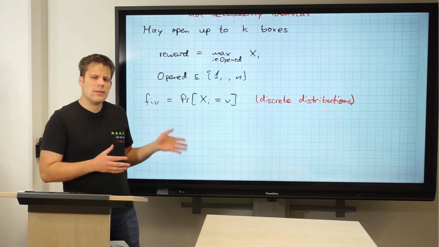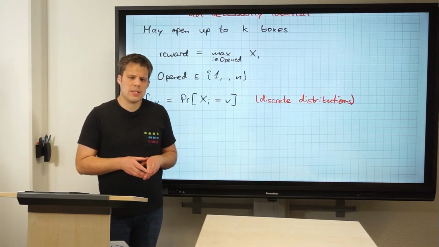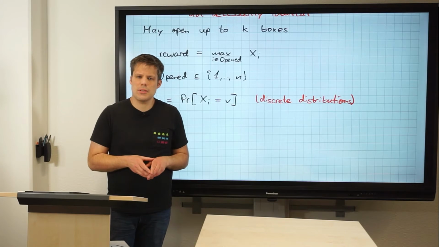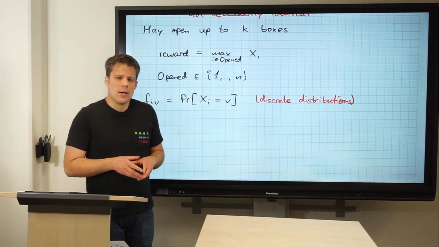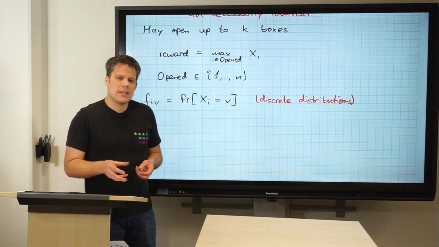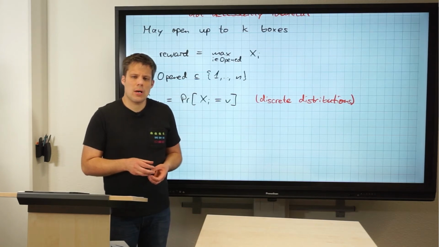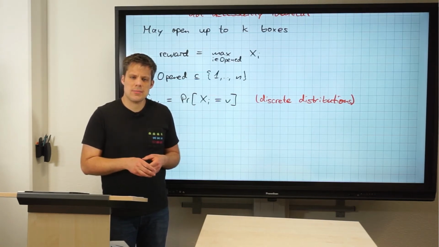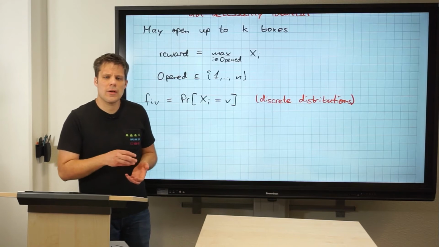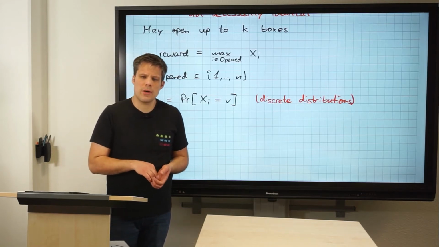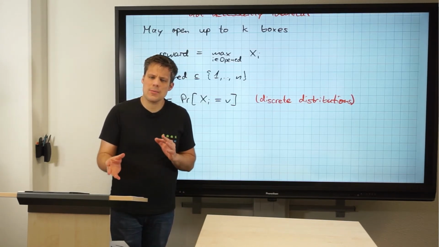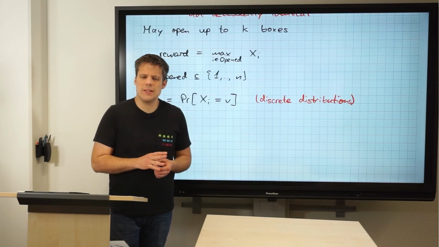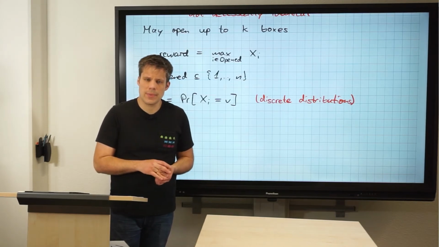Good. So modeling this as a Markov decision process is actually pretty easy. It's pretty straightforward. Once again, you would have an exponential number of states because you would have to keep track of which boxes you opened so far. And this is why this is actually a pretty difficult problem to solve.